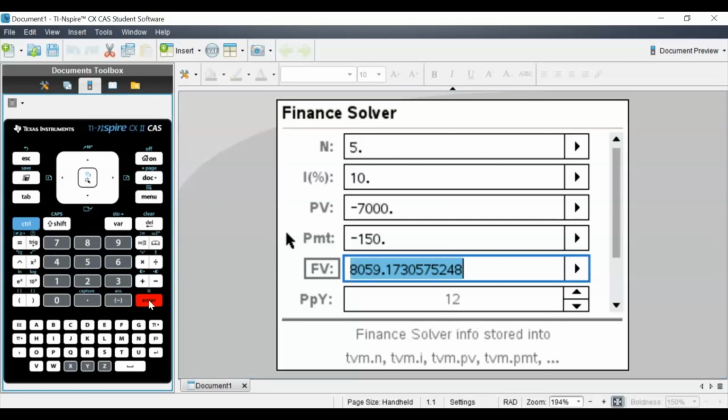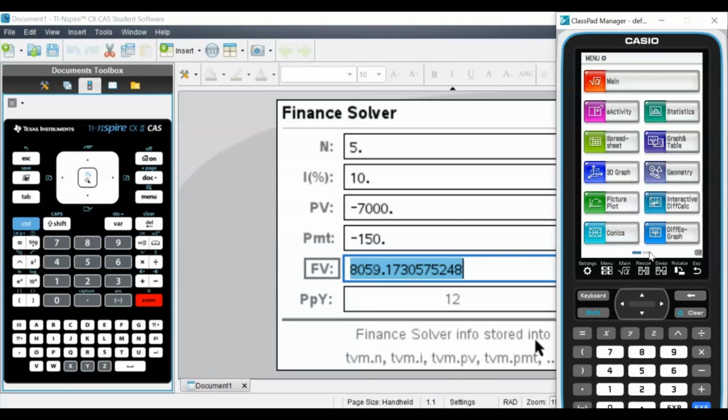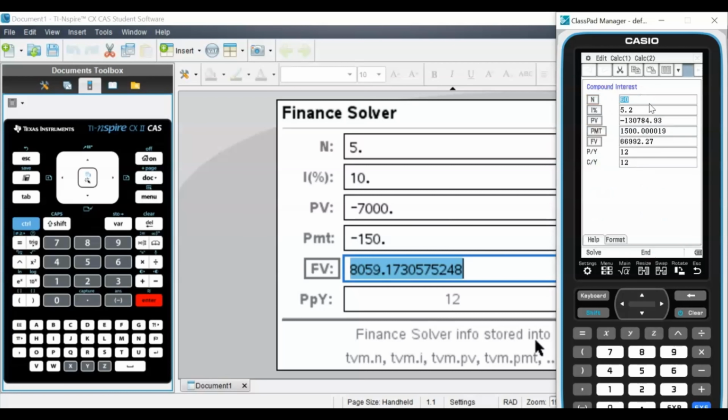You could do the same thing with the Casio ClassPad: go to the finance screen and put 5 there, and put this one here. It's going to be 10. There's an investment, make it minus 7,000, and he's making a repayment which is going to be 150. The future value is what we want to find out. So put the cursor there and press solve. That is going to be the same answer.